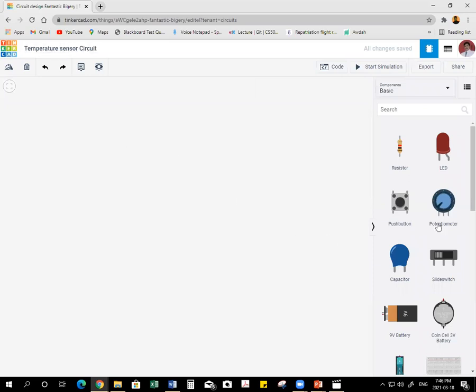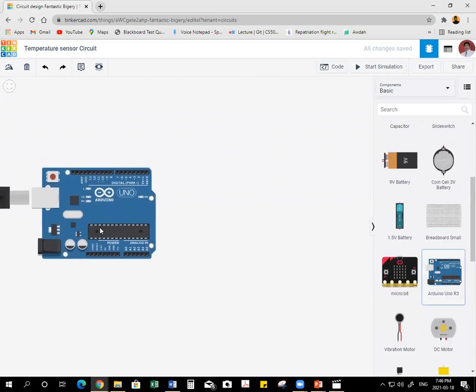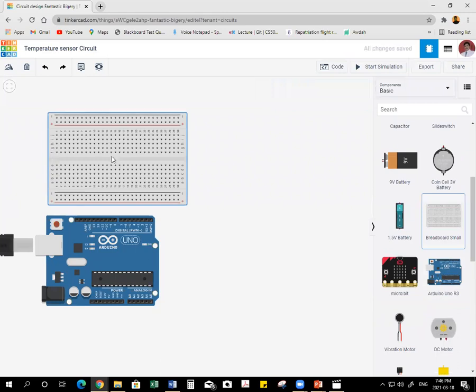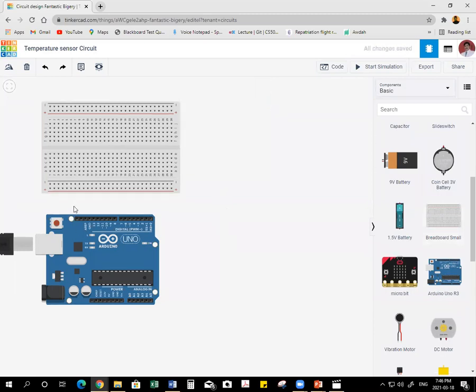Okay, home. Temperature sensor. So for that we need an Arduino and a breadboard. Keep it here, and we need a breadboard. Directly also you can connect, but it is utilized for further, that's why I'm using this one. Before that, I will take this positive to the positive 5 volts and connect.